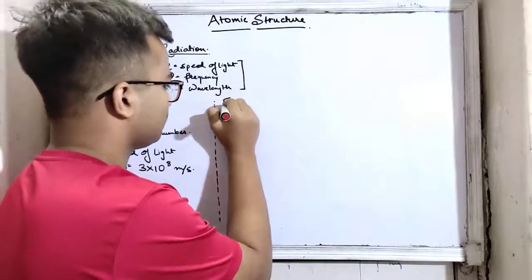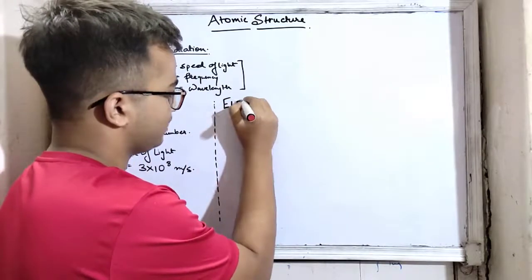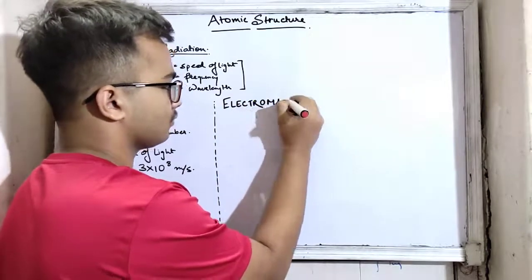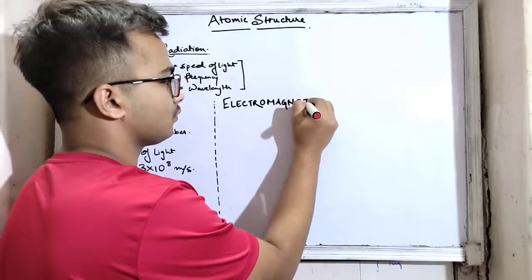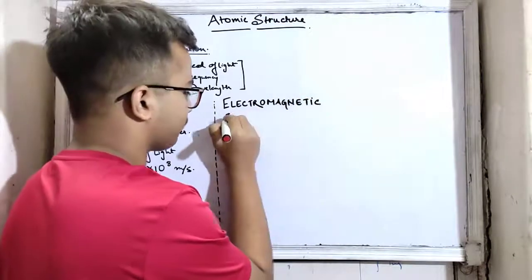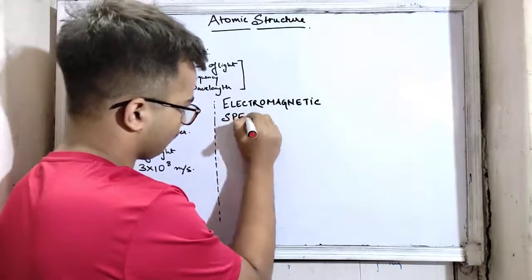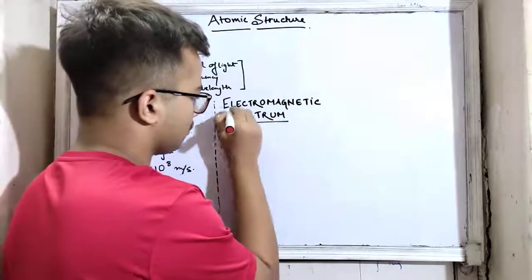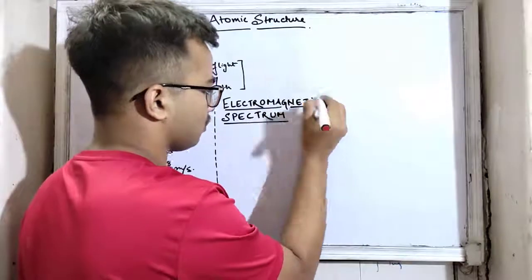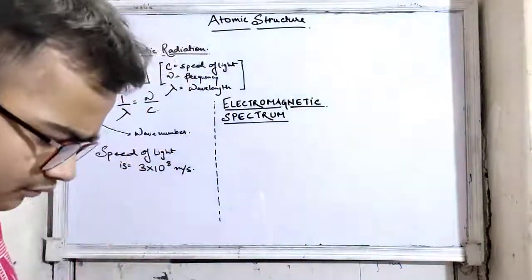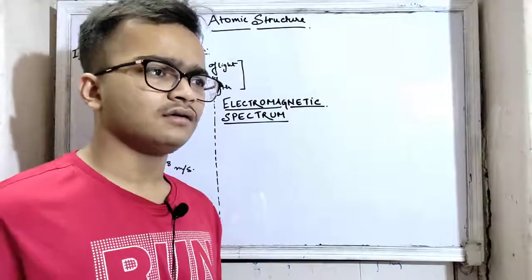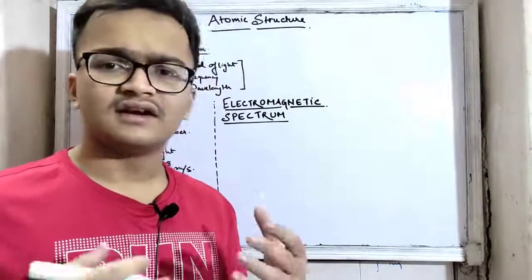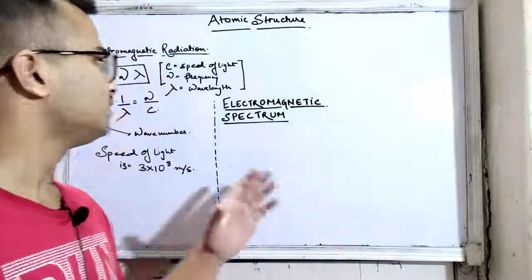Give a heading electromagnetic spectrum. This is a spectrum, a band, in the order of increasing wavelength and decreasing frequency.